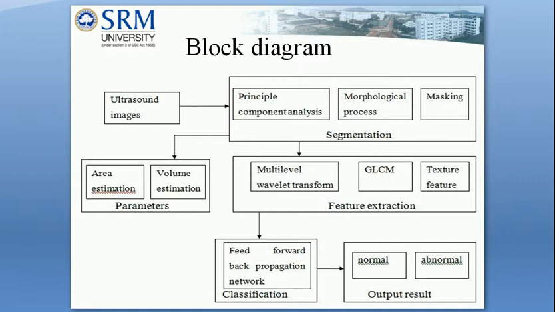This is given to the classifier, where the feed-forward backpropagation neural network acts as a classifier that processes the image and outputs whether the given image is normal or abnormal. In case of abnormal, it displays whether it is hypothyroidism or hyperthyroidism. From the segmented image we can also calculate area and volume values.